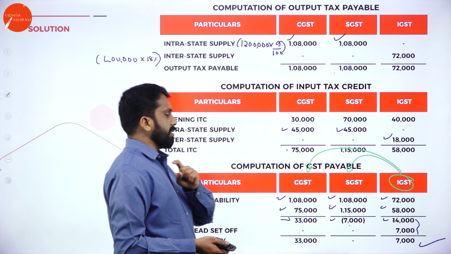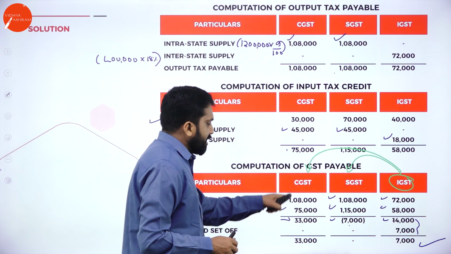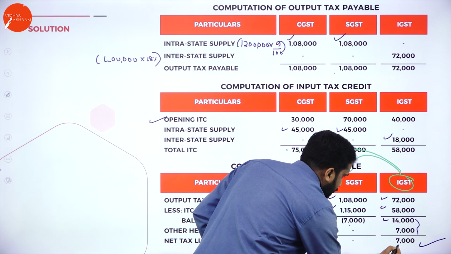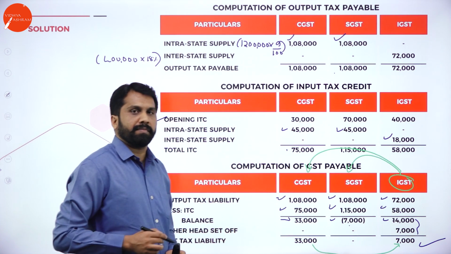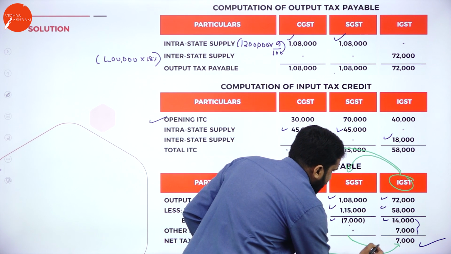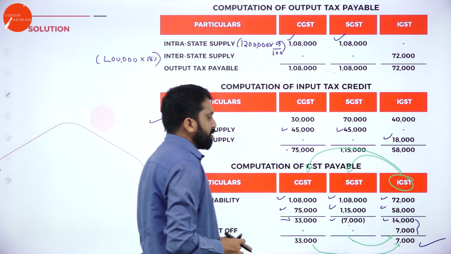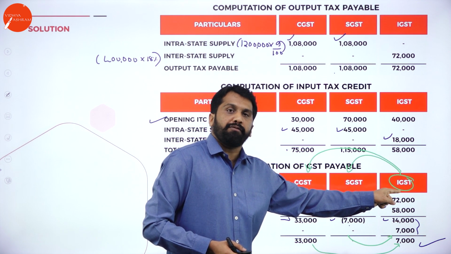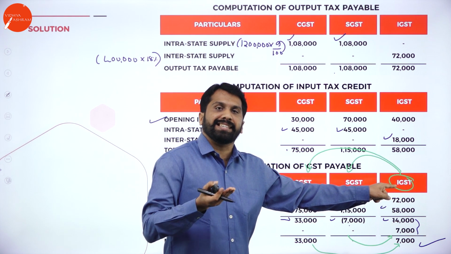Clear? Yes. Now, if this person has shortage, he can borrow from this person. Means both can borrow from IGST if IGST has excess.